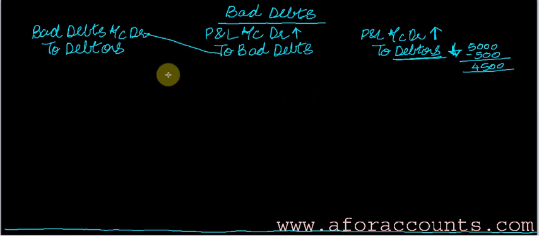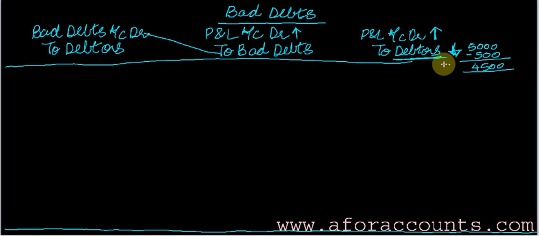Now you have to be very smart while putting it into your trading and P&L account and balance sheet. I will show you with a small working. See, if bad debts is given in the trial balance, be very careful here.